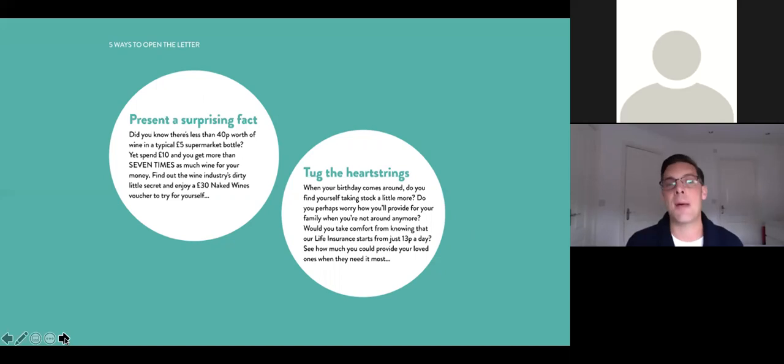On the right hand side, this is an opening to a letter about life insurance. This is what's called a birthday mailing. Generally people will consider buying life insurance at certain points in their life, and landmark birthdays are quite key. When you hit 40, 50, 60, these are the times in your life when you start considering your own mortality.